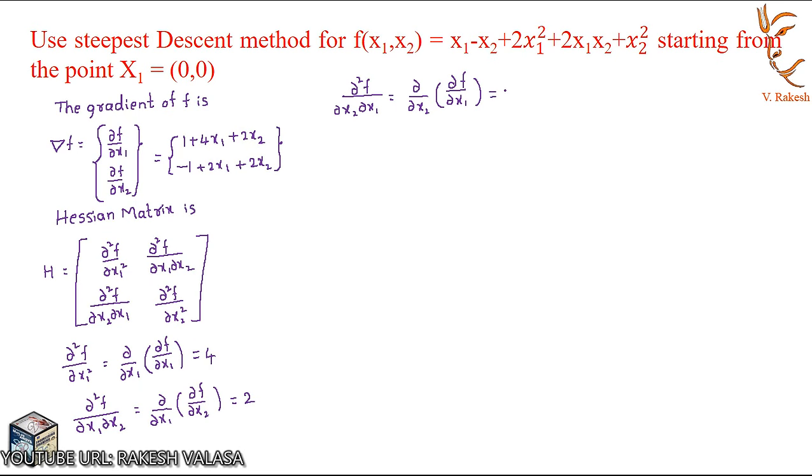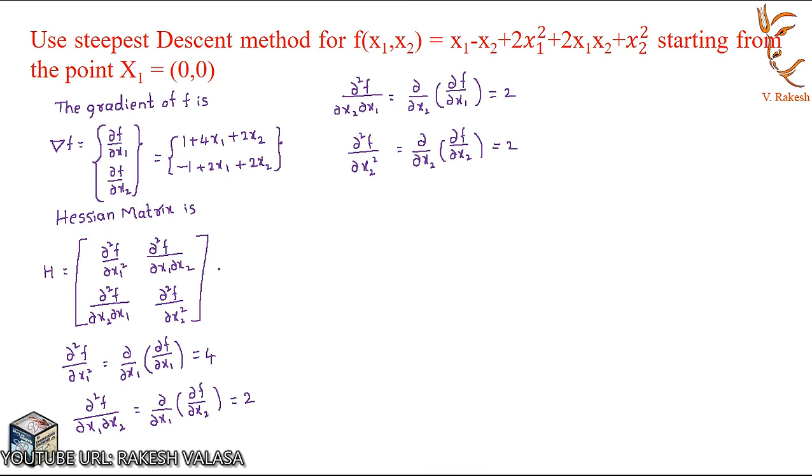The answer is 2. Next one is dou square f by dou x2 square. You can also write dou by dou x2 of dou f by dou x2. Dou f by dou x2 equal to minus 1 plus 2x1 plus 2x2. You can again take partial derivative with respect to x2, that is minus 1 is 0, 2x1 is 0, 2x2 is 2.